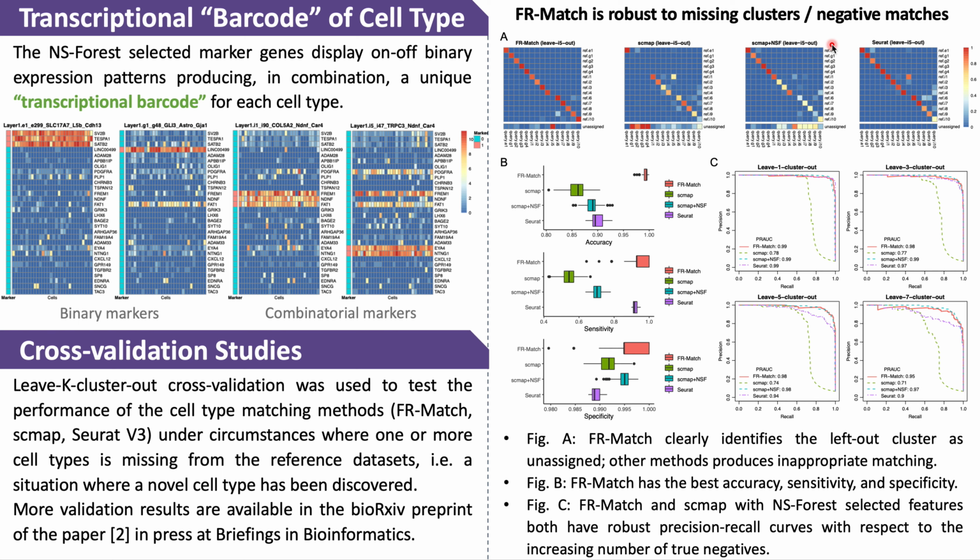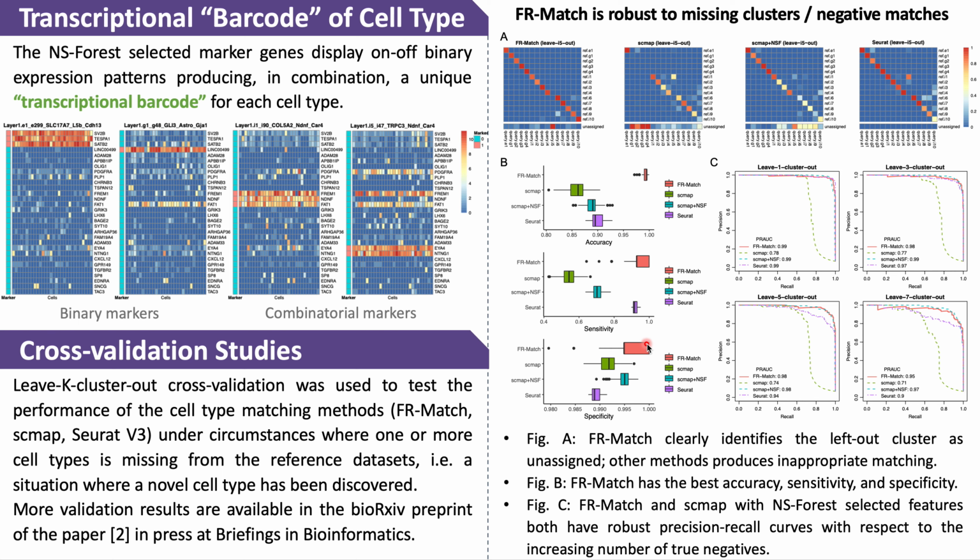On the right panel here, Figure A shows the cluster called I5 is left out, and only FRMatch identifies the left out cluster as unassigned here. Other methods produce inappropriate matchings. Figure B shows that FRMatch has the best accuracy, the best sensitivity, and the best specificity in this cross-validation study.